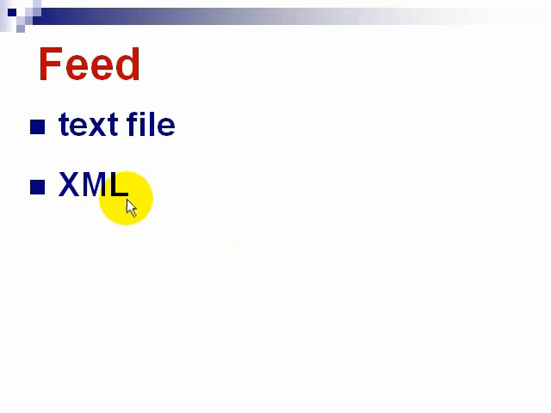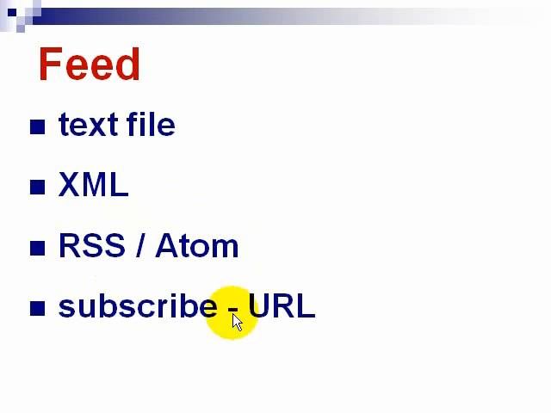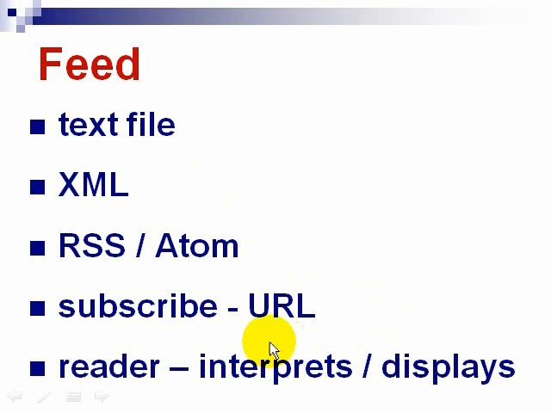It is written in the XML language, and it uses either the RSS or Atom specification. To subscribe to the feed, you need to know the URL of the text file, and that URL is submitted to the reader so that the reader can interpret and display the feed.